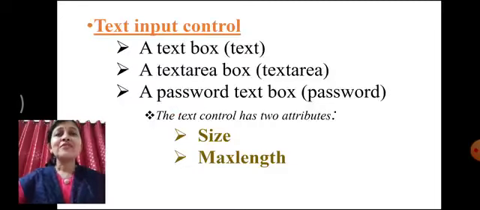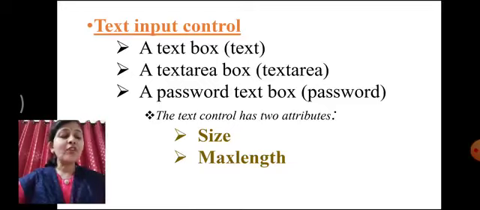Next, what are these text input controls? Text input controls are a text box, written as text. It is used for a small amount of text. If the text content is small, then we can use this text box. Next, the second one, a text area box. That is textarea.